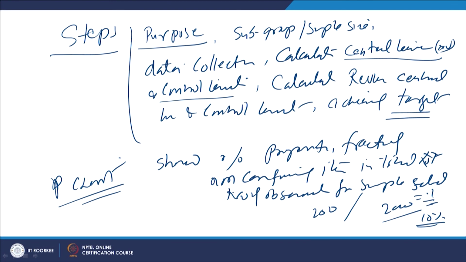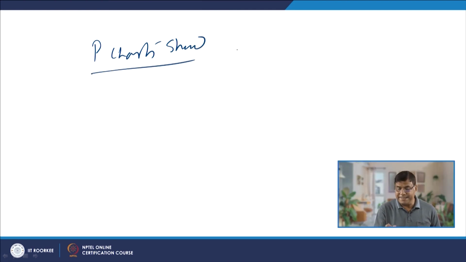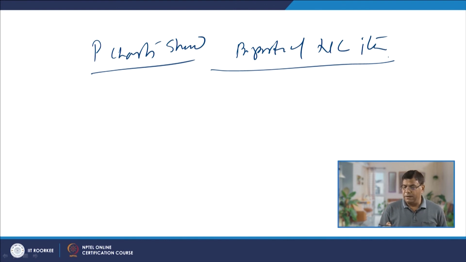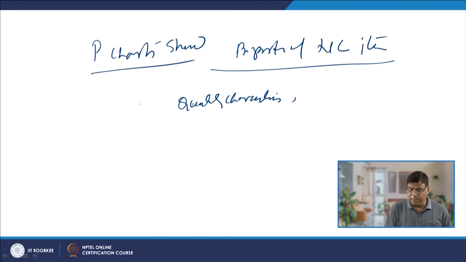So, basically the P chart shows the simple proportion of the NC items in the lot which has been inspected. Items are non-conforming with regard to certain quality characteristics or a group of quality characteristics.